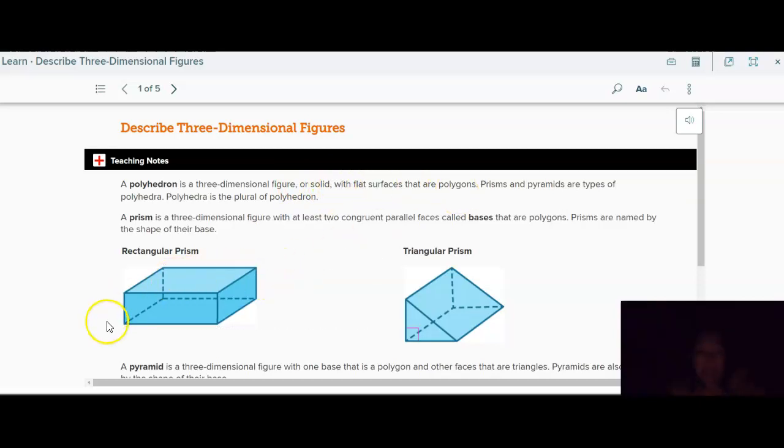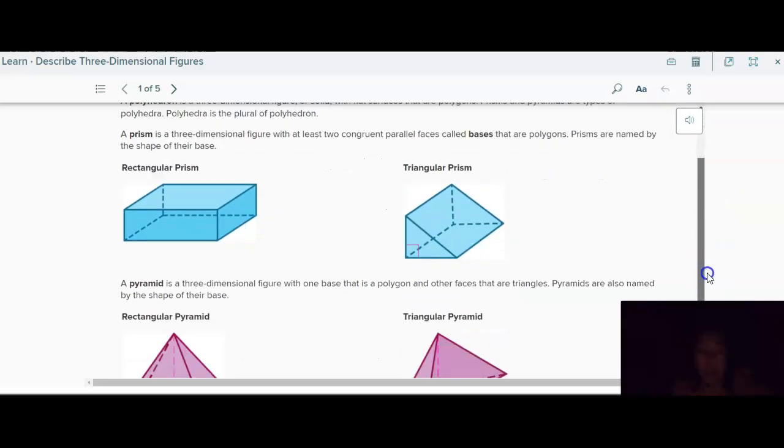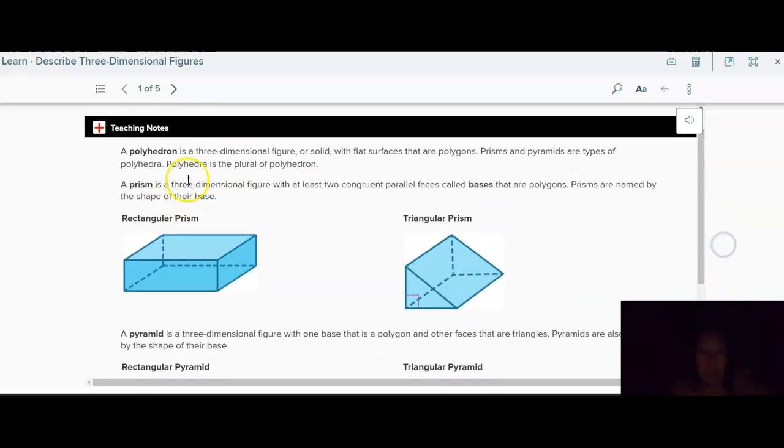A polygon, if you guys don't know what a polygon is, it is an object made of straight lines, all connected. Okay, and that's a two-dimensional object. But when you put a bunch of polygons together in 3D, those are called polyhedron. So prisms and pyramids are examples of polyhedra. Polyhedra is plural for polyhedron.